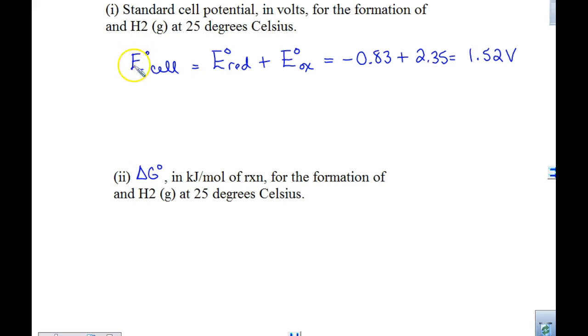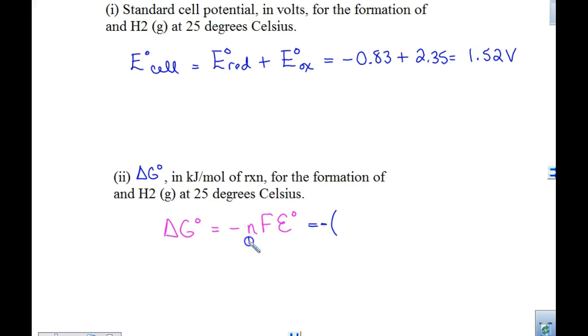They don't give you the E cell equation on your formula sheet, but they do give you this one. That delta G equals negative N times F times E cell. They don't put cell, they just put that, but you're supposed to know what that is. So, plug it in.